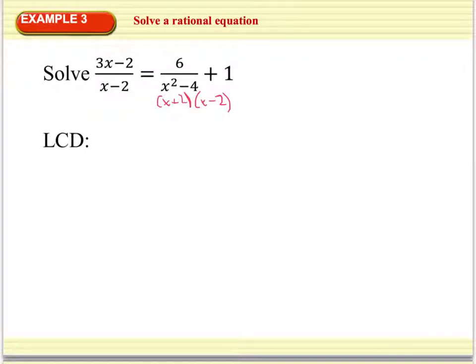And I want to factor if I can, because sometimes it makes it easier to find my least common denominator. By doing that, I see that my least common denominator is really x minus 2 times x plus 2. Because this denominator already has the x minus 2 like this one does, I just need to also incorporate the x plus 2.